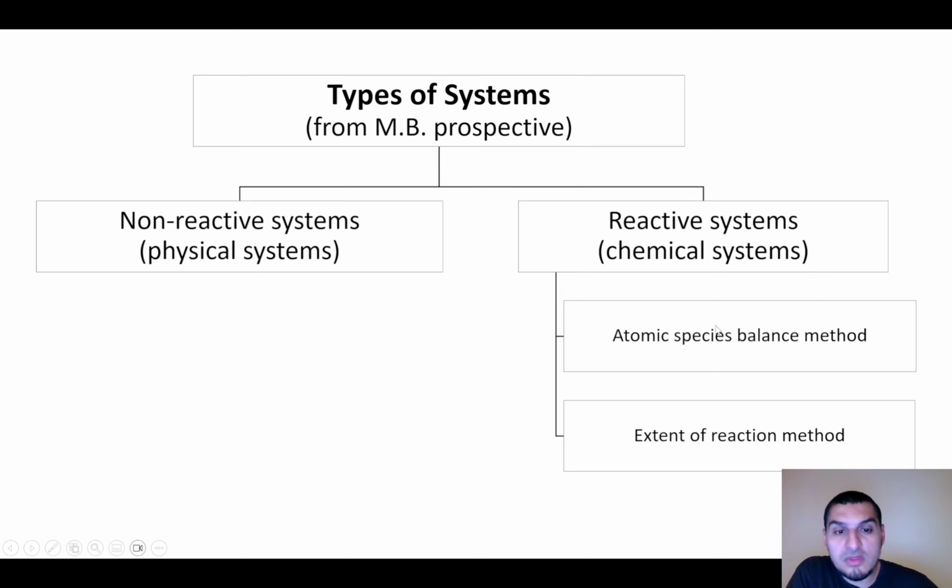So the goal of these two methods is the same. These two methods are two alternatives that we can use to do mass balance calculations on a reactive system. Mass balance calculations meaning that we have a system where there is a chemical reaction taking place, and we need to calculate some missing information. Either these are the flow rates of the feed, or the product, or the extent of reaction, or the conversion, or the yield.